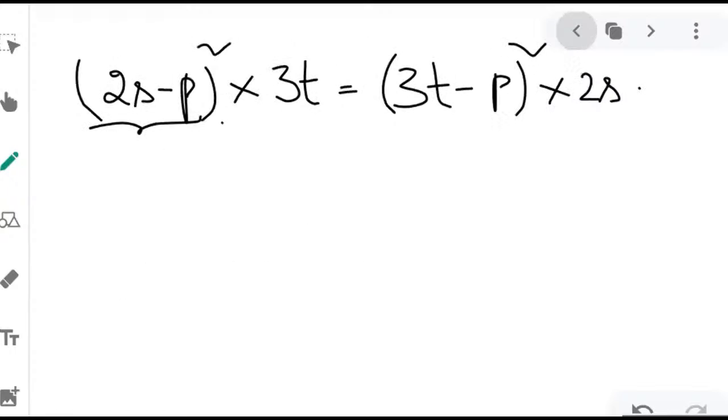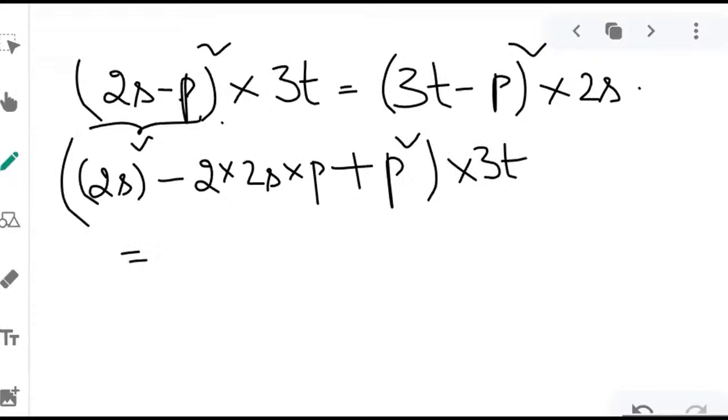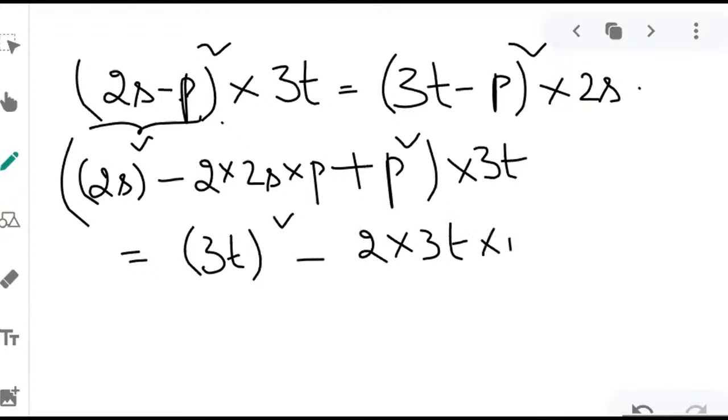Going back, this is a minus b whole square: 2s whole square minus 2 into 2s into p plus p square, into 3t, is equal to 3t whole square minus 2 into 3t into p plus p square, into 2s.